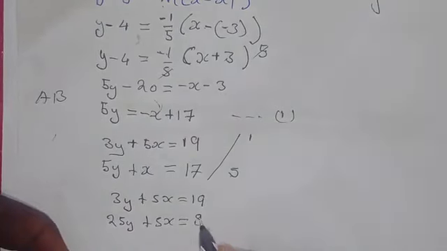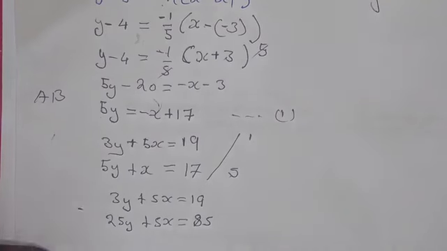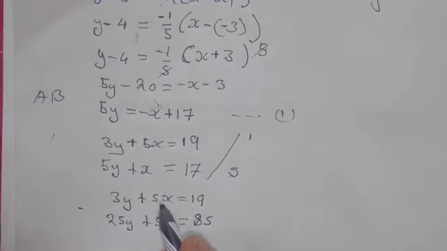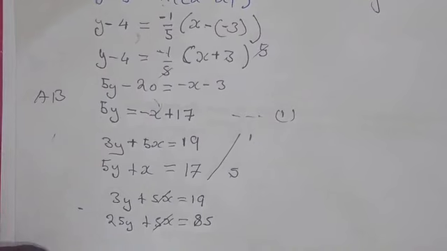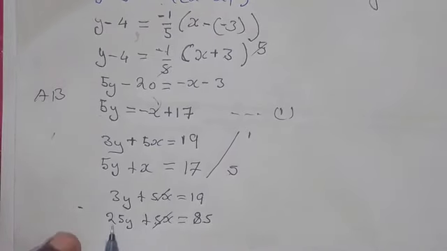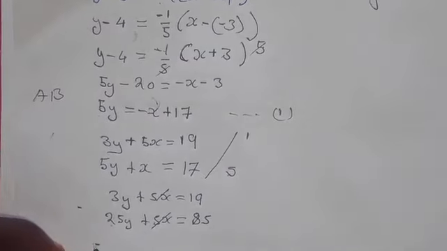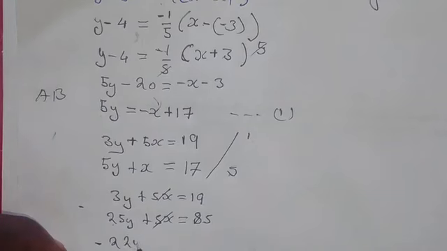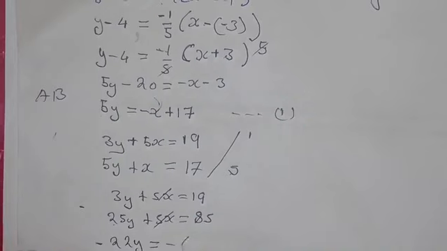Then here we subtract so that we get rid of x. 5x minus 5x will give you 0. So we're going to have 3y minus 25y, it will give you negative 22y is equals to 19 minus 85, it will give you negative 66.